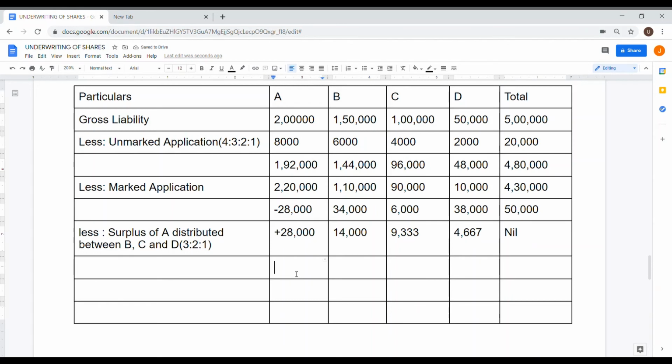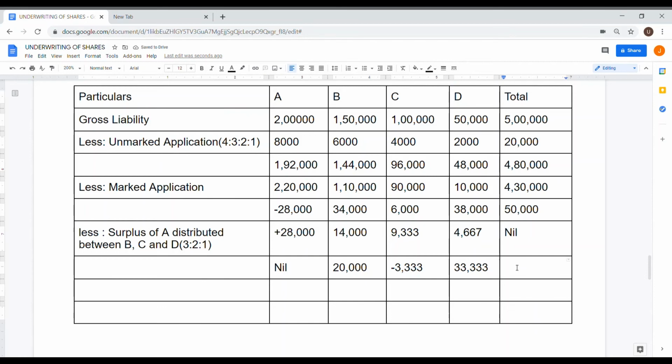Now what is the total we get? Here it is nil for A, and here, we minus 34,000 minus 14,000, it is 20,000, and here again there is a negative, minus 3,333, and here it is 33,333.